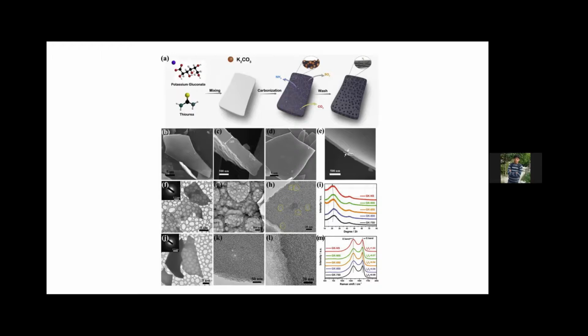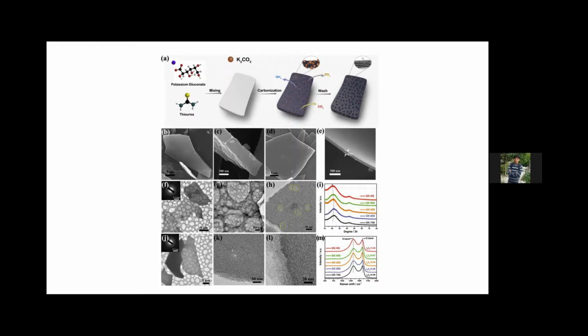One example is the pyrolysis also, where they use phosphorus and nitrogen doping.